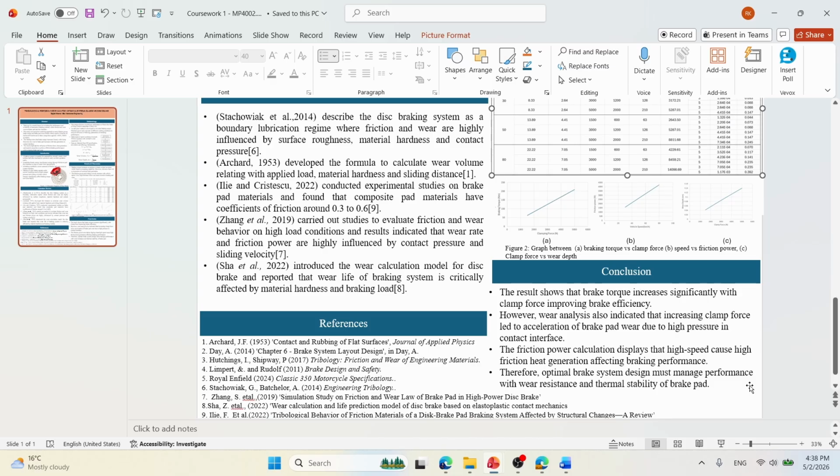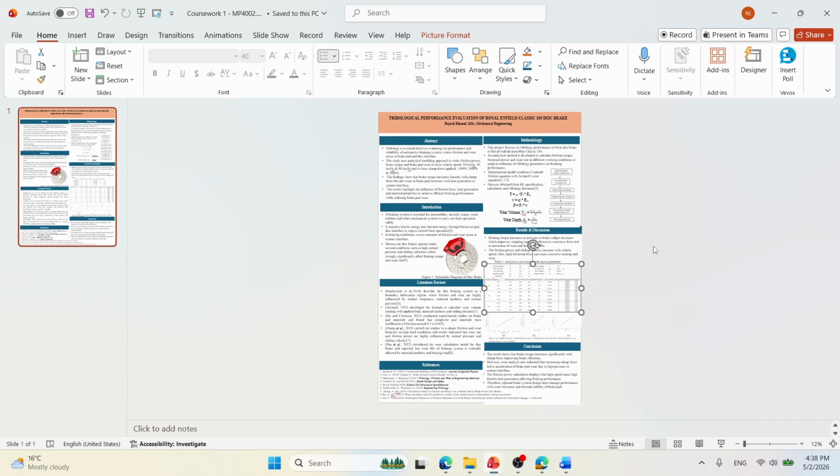So we need to think about the other things. It shows how the wear and friction vary with the input parameters. So this is the normal study using the analytical model to know the tribological performance of this model. Okay, thank you.